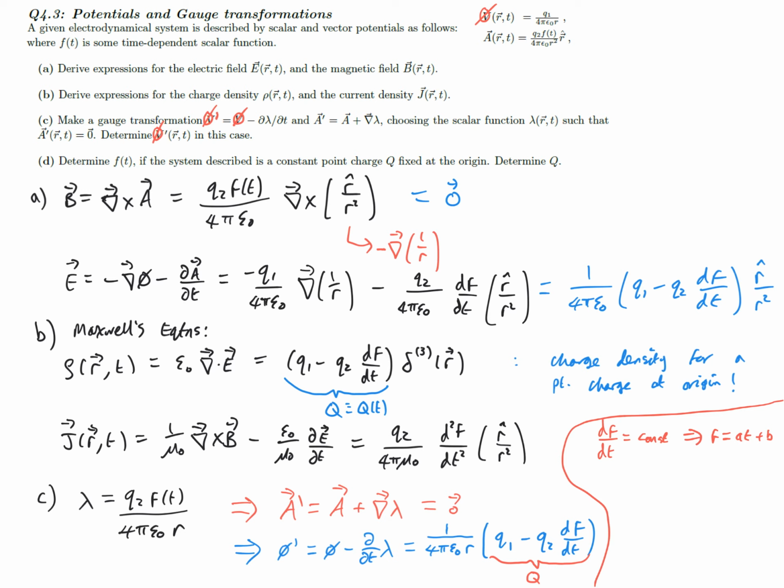And what constant is that? Well, df by dt is obviously then just equal to this parameter a. So the function f is at plus b with constants a and b undetermined, and that tells us that the point charge q is q1 minus q2 df by dt, which is just q1 minus a q2.